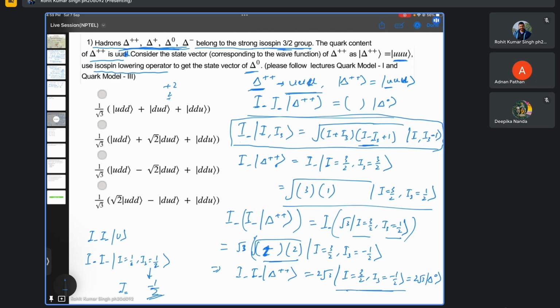But 0 is not there, right? It is just the doublet. I3 equal to 0 does not exist. So this operation is not allowed in this case.